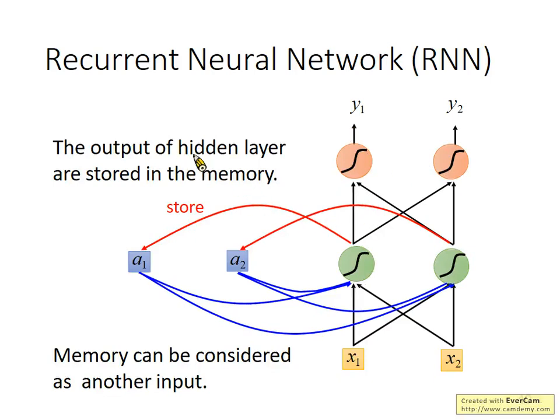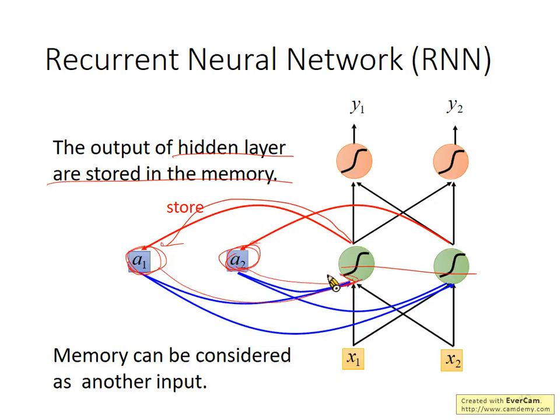But the output of the hidden layer can be stored in the memory. Assume we have several memory nodes, and the output of this hidden layer can be stored into this cell.